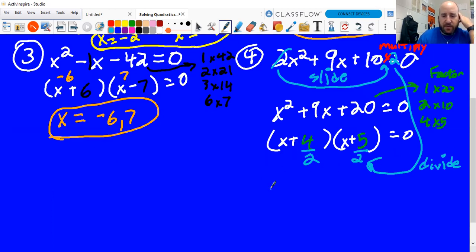When it divides cleanly, we're still just going to divide it clean. So 4 divided by 2 is 2. Here, x plus 5/2. So when it doesn't divide cleanly, we got to see if we can reduce our fraction any further. And if we can't, what we said previously was we're going to move the 2 back out in front.